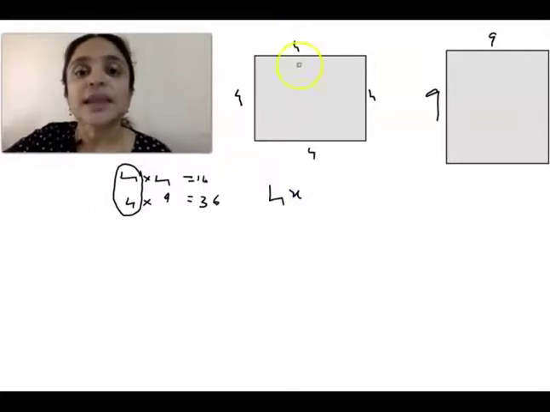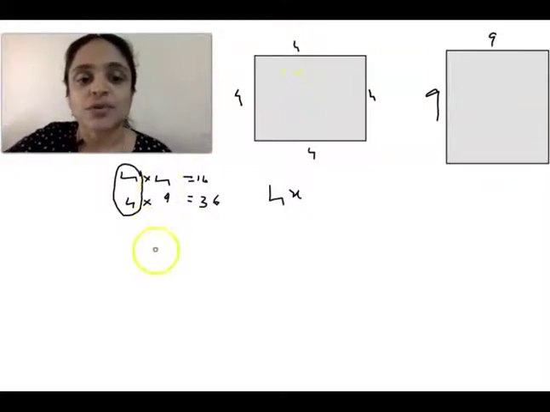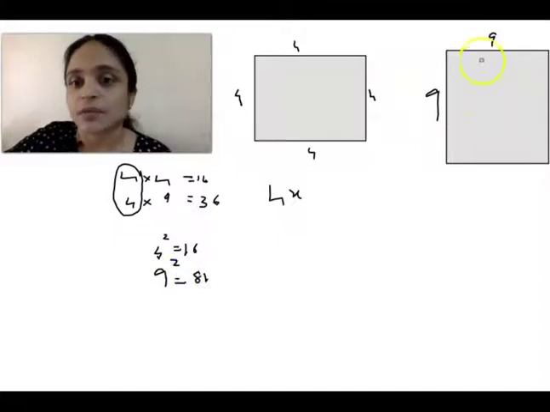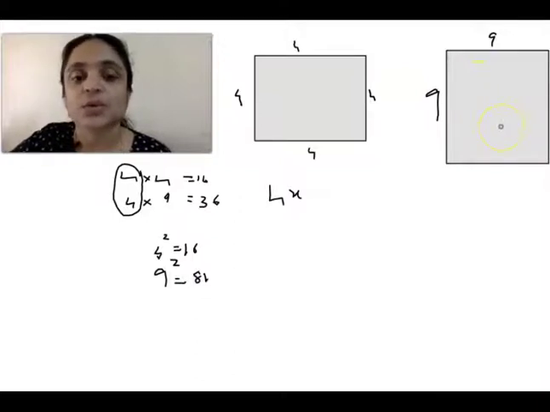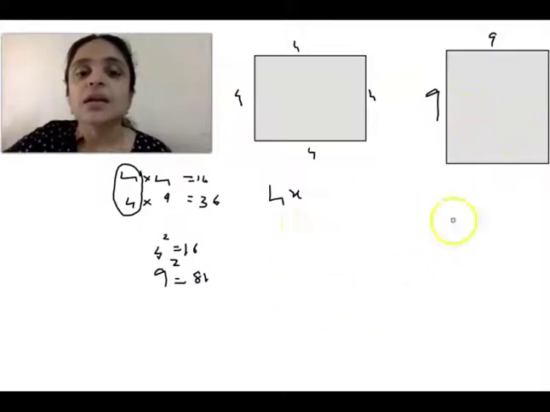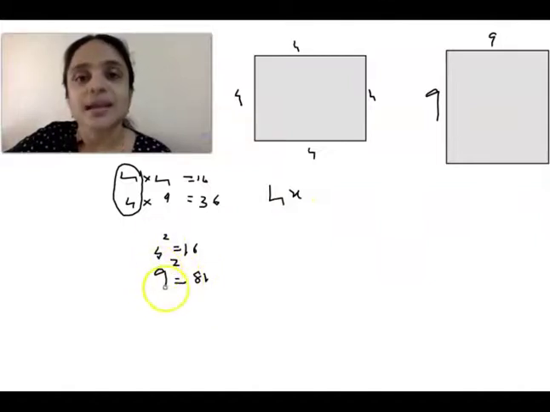Now, to find the area of this square, we have 4 square, equal to 16. For the other square, we have 9 square, equal to 81, which means this value is changing. 4 square and 9 square.